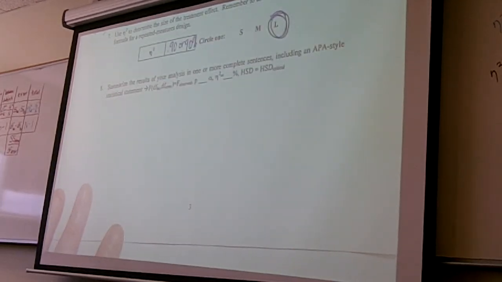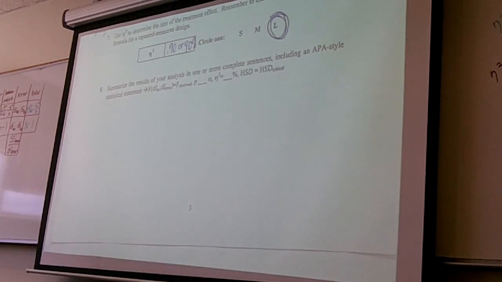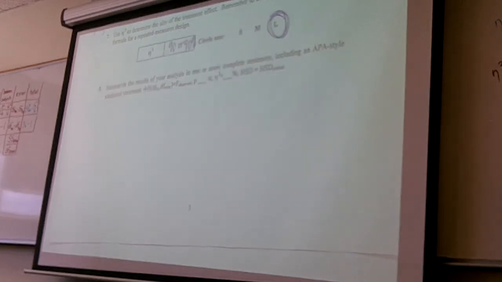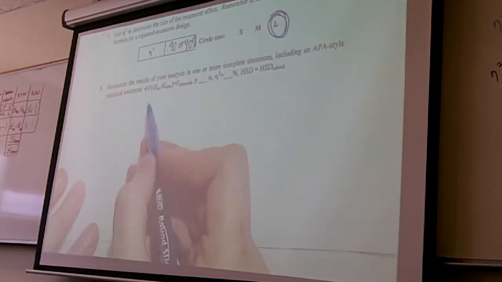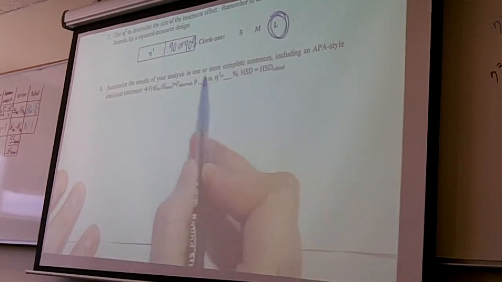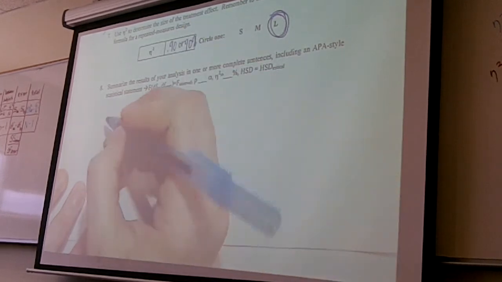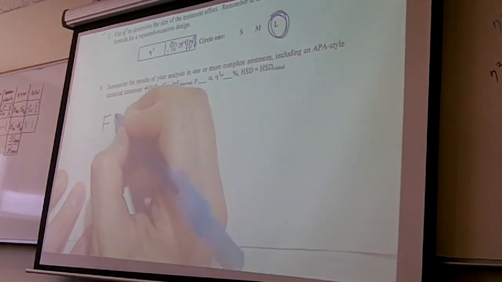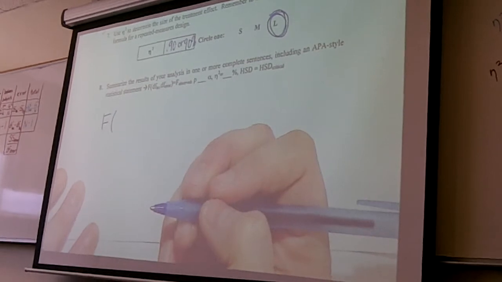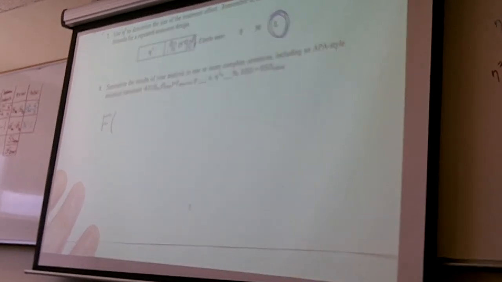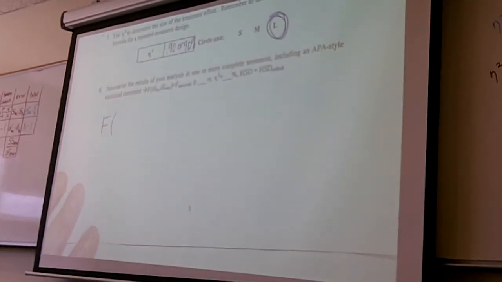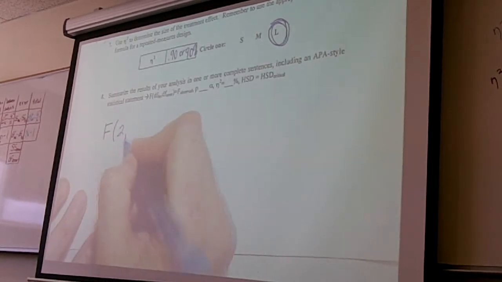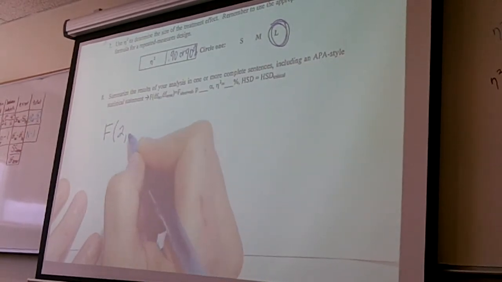Okay. Now, we're going to write out our APA-style statistical statement. I've given you the pattern to follow here. So we're going to start with F. Then we're going to put our degrees of freedom that we use to look up the critical value. We use degrees of freedom between conditions and degrees of freedom error. Our degrees of freedom between conditions was 2. And our degrees of freedom error was 8.